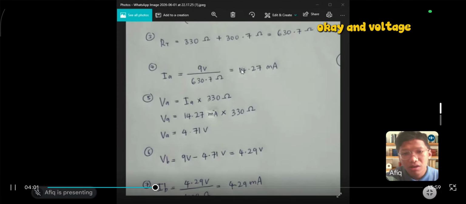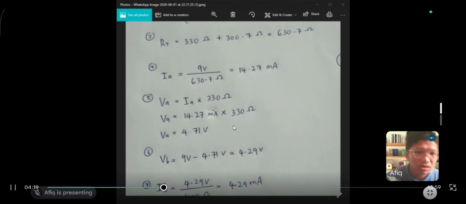And the voltage drop across RA is VA. VA is equal to IA multiplied by RA. So IA is 14.27 milliampere and 330 ohm for resistance. We got the answer, which is 4.71 volt.